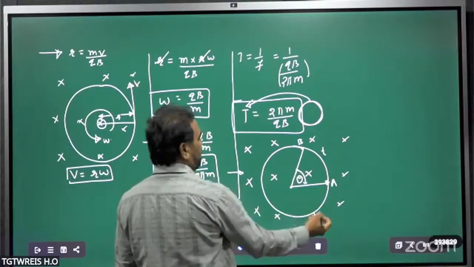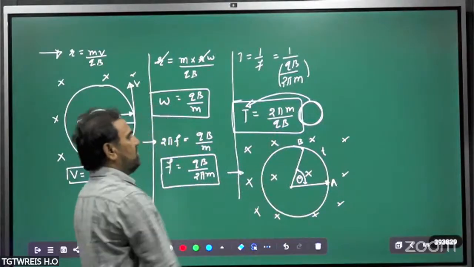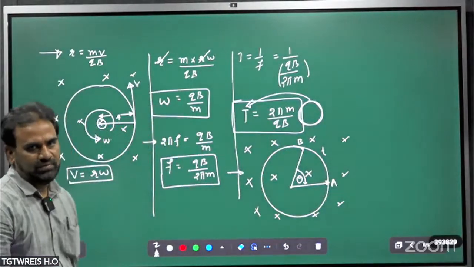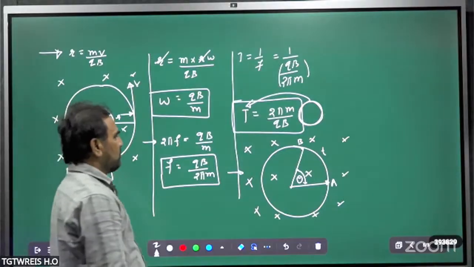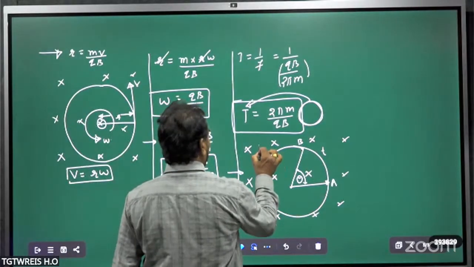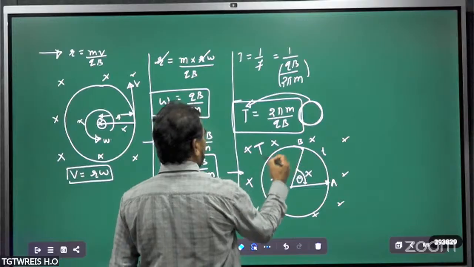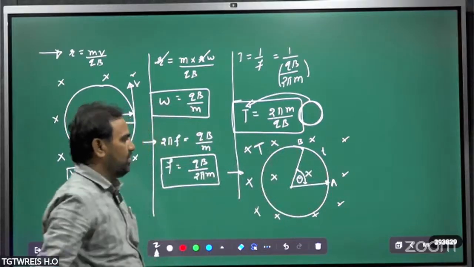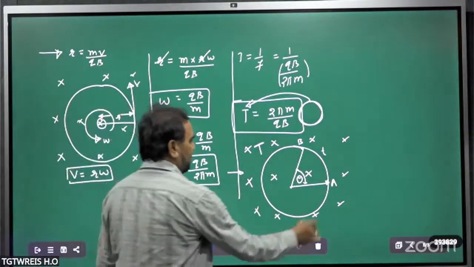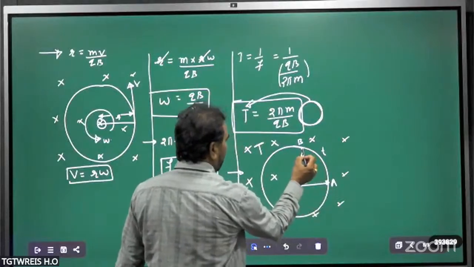So how much time will it take with respect to the whole time? Let the total time taken by the particle to complete a full rotation be T. So find the time taken by the charged particle to move from point A to point B.